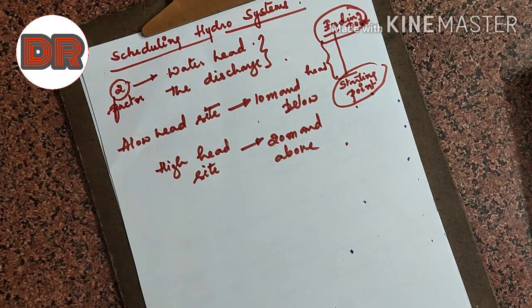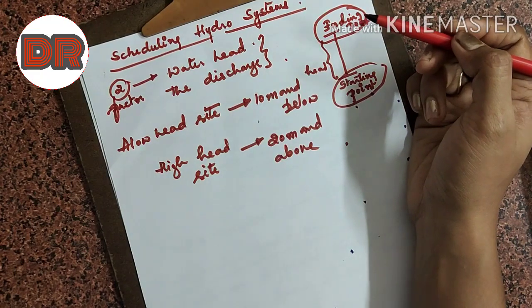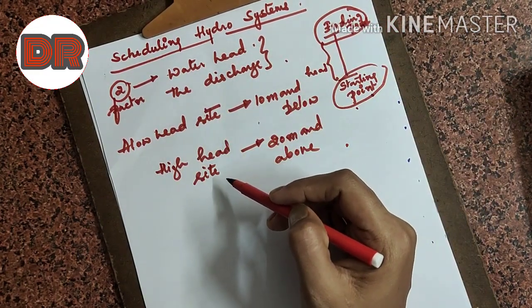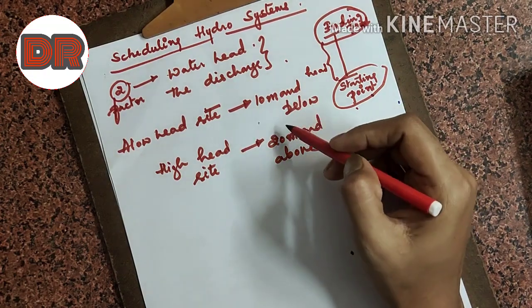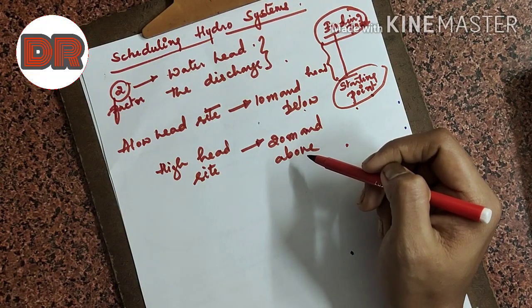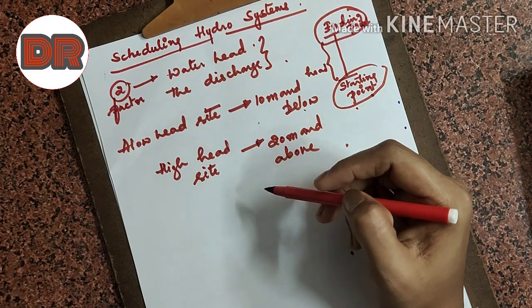So these two are very important points, water head and discharge, and the head classification is: 10 meters and below is a low head site, and if the head is 20 meters and above, then it is a high head site.